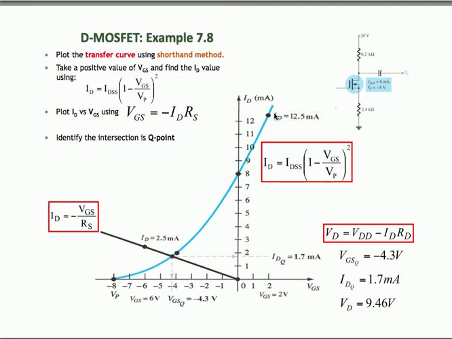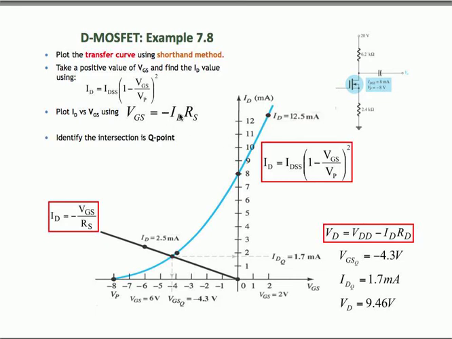So this is the result of applying the first step and the second step as well. The first step is plotting using the shorthand method to plot the values of ID when the applied gate bias is negative. The second step is you use the Shockley equation to find the magnitude of drain current when the value of VGS, the applied gate voltage, is positive.